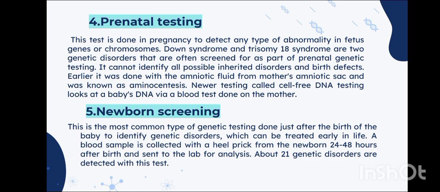It was done with amniotic fluid from the mother's amniotic sac, known as amniocentesis. Newer testing called cell-free DNA testing looks at the baby's DNA via a blood test done on the mother. Fifth is newborn screening.